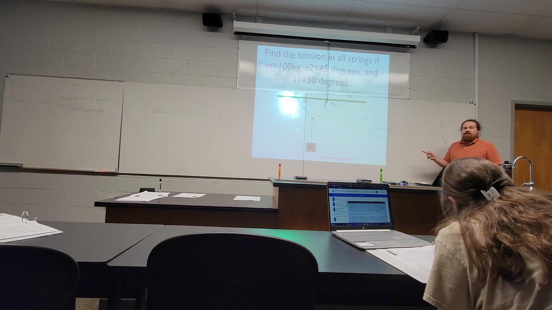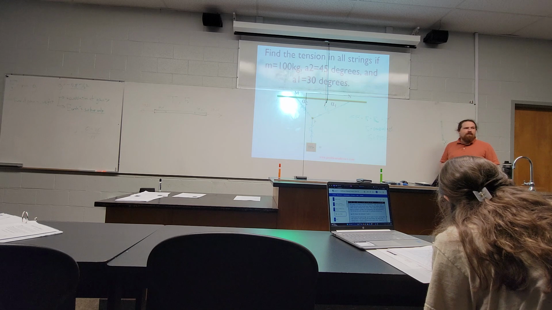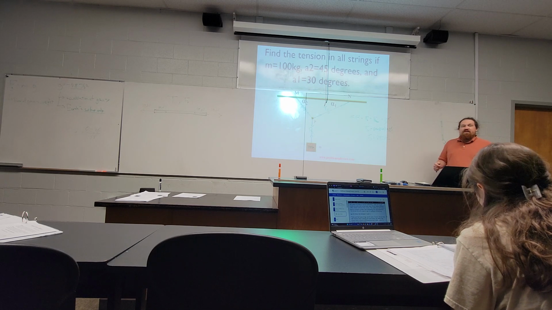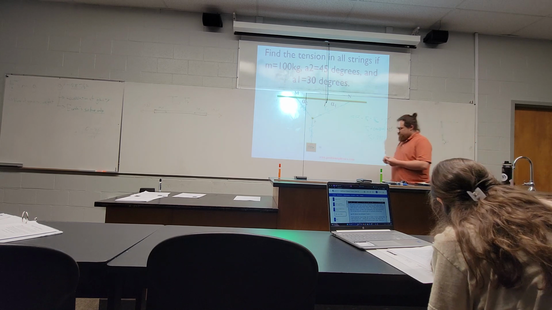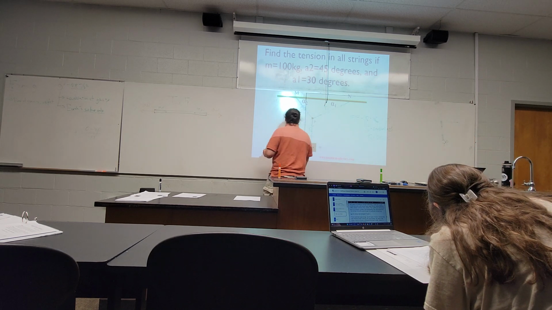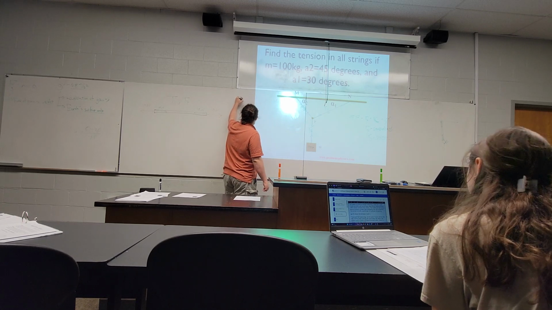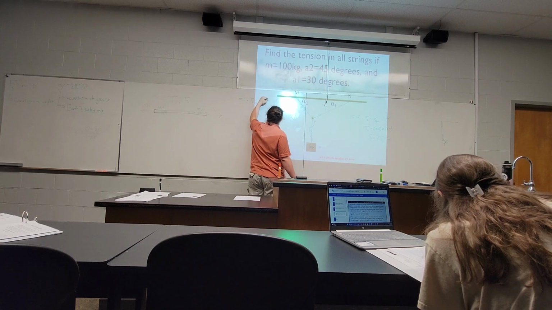At that spot, since they're all connecting, we can use the information we've already found to help us figure out what the other 2 tensions must be. So let's describe all of the forces acting there. In that position, we've got all 3 tensions acting, so T1 plus T2 plus T3.